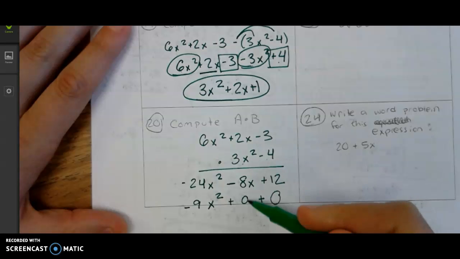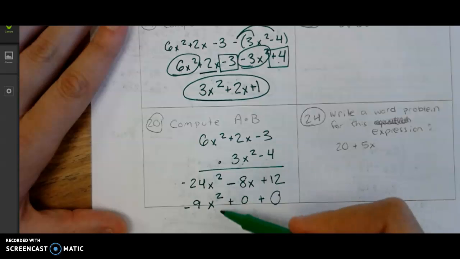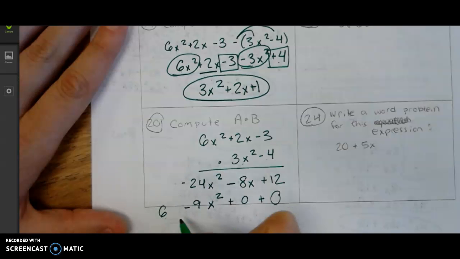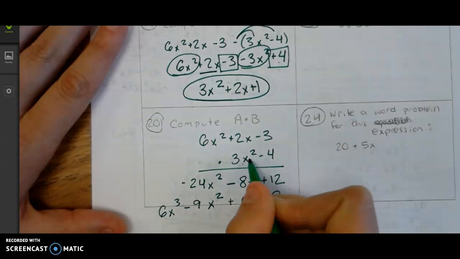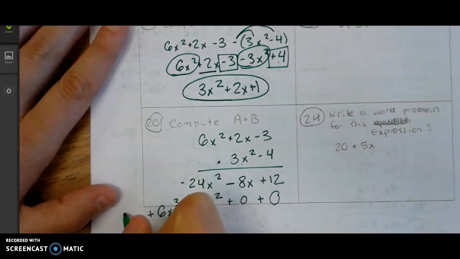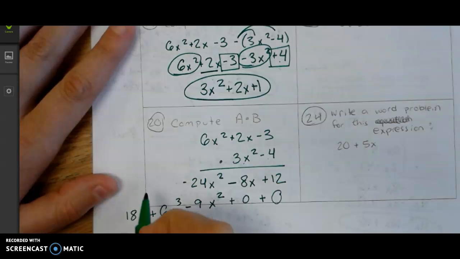Now, if I put it here, I could say, okay, these are not in the right place, but always check and make sure your x squareds are together. So 3 times 2 is 6 with 3 x's, 1, 2, 3. 3 times 6 is 18 with 4 x's, 1, 2, 3, 4.